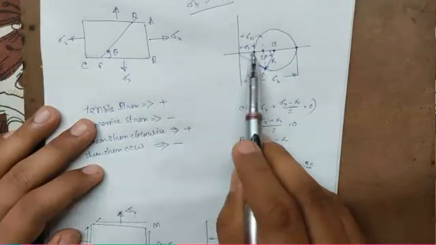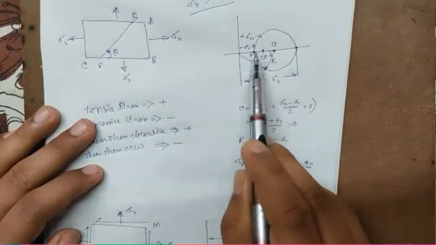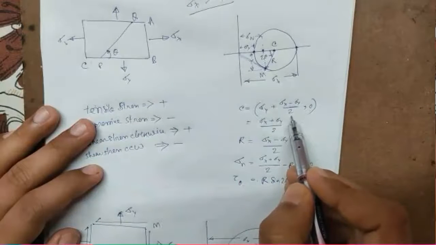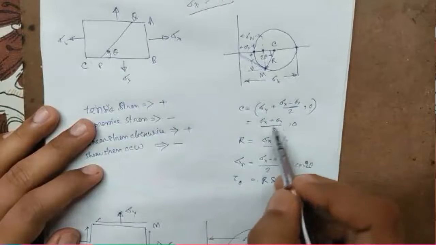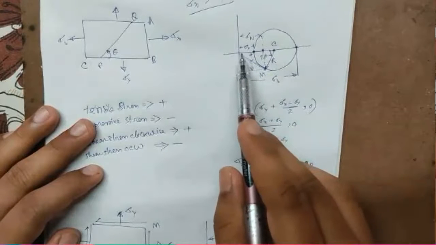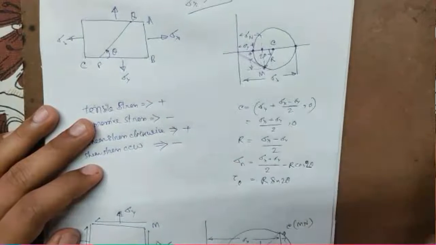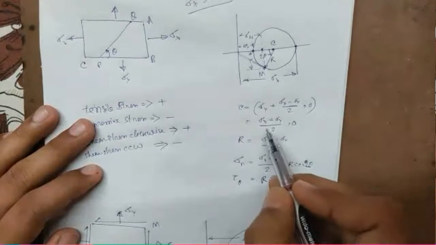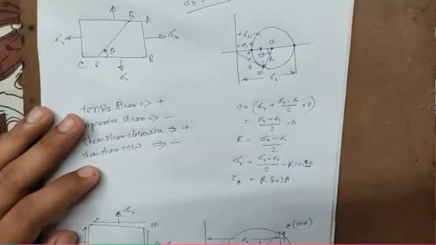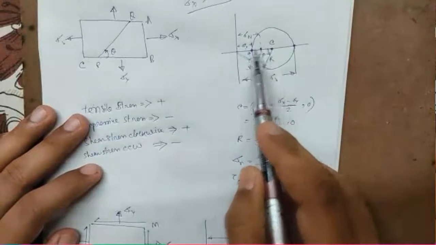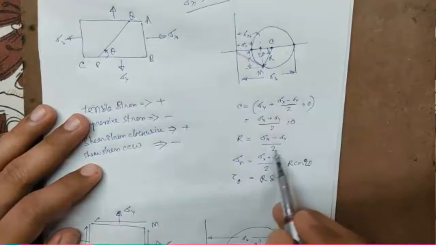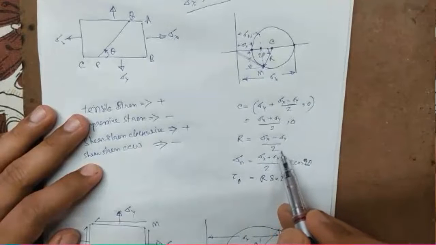From simplifying we will get sigma x plus sigma y by 2. So OC is how much? Sigma x plus sigma y by 2. Now the radius of this Mohr circle is sigma x minus sigma y by 2.